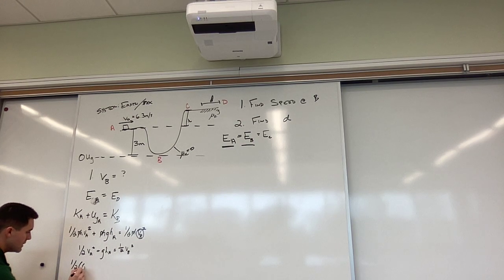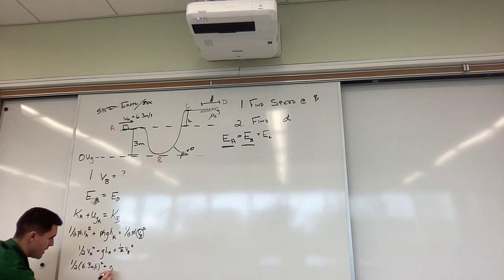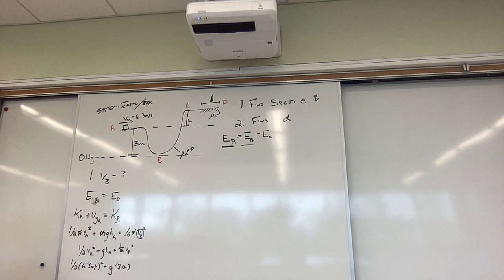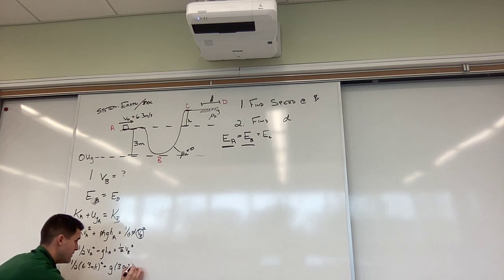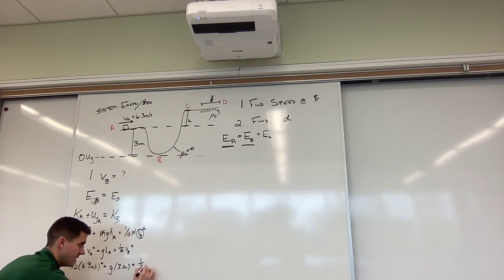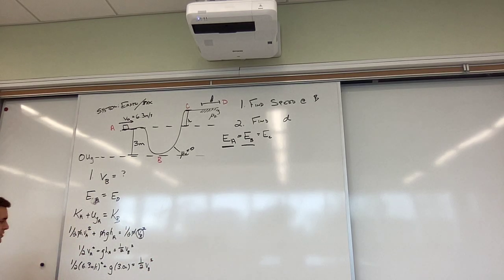1/2 times 6.3 meters per second squared plus little g times the 3.0 meters I have as the height at point A. This is going to be equal to 1/2 v_B squared. All I have to do is bring the 2 over and take the square root.